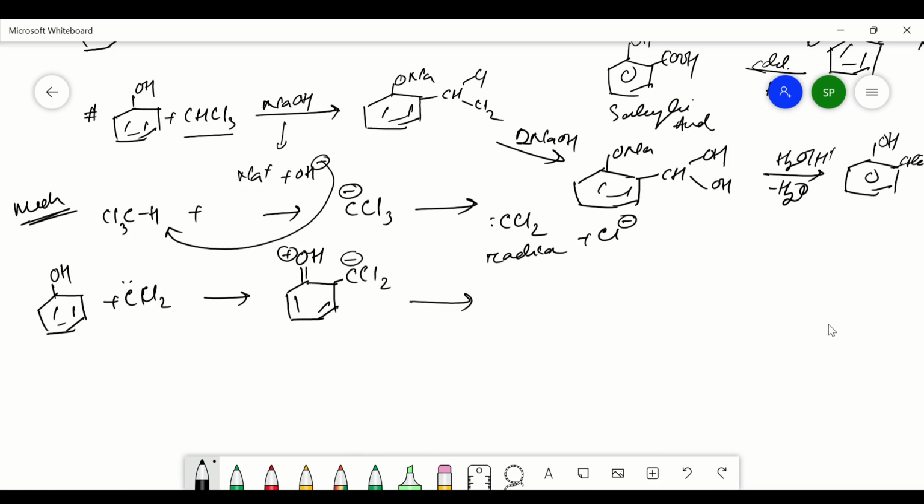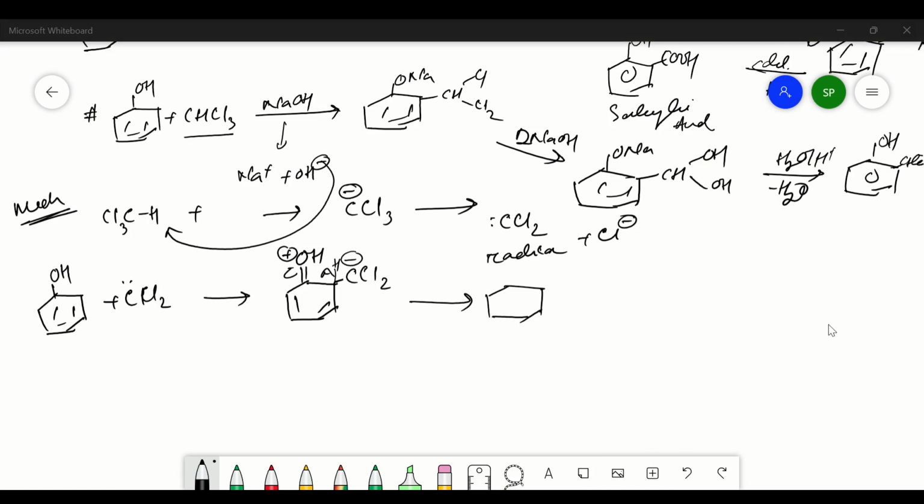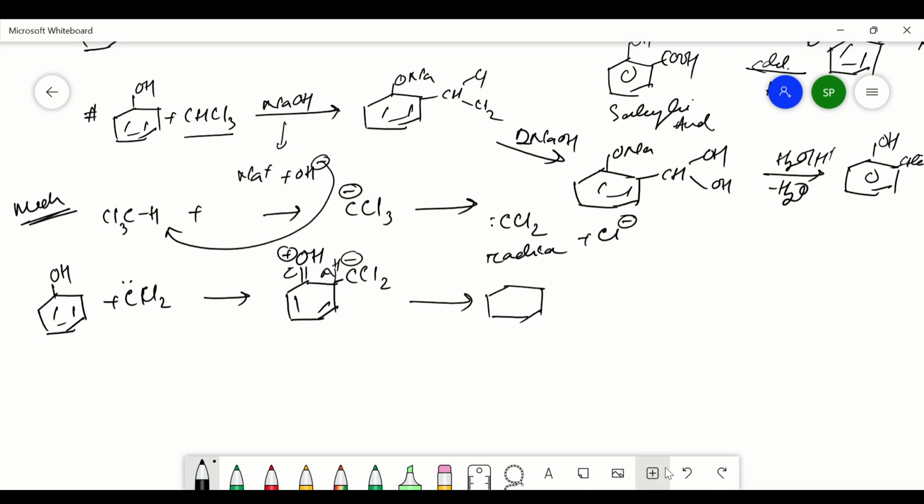So now this will undergo aromatization and there will be formation of CCl2 minus. The CCl2 minus will consume that H, okay, consume that H and this will become CHCl2, and here this will be OH.